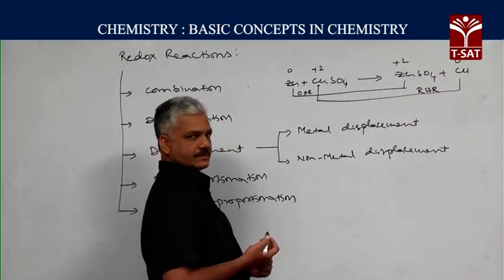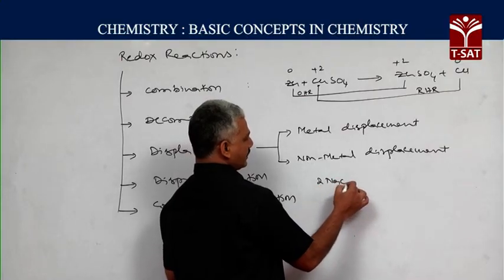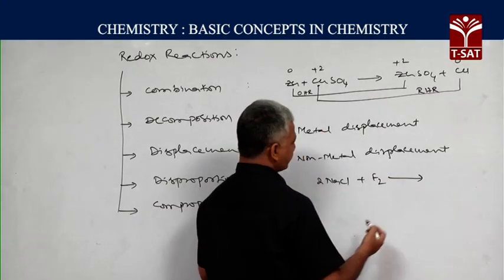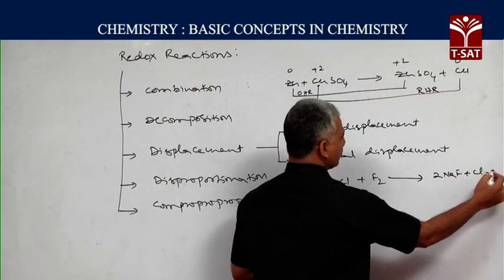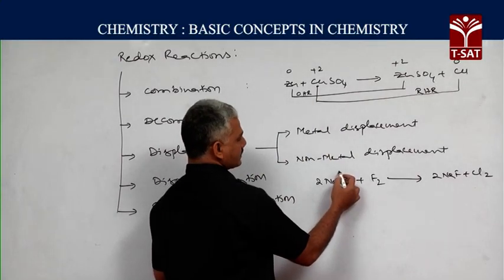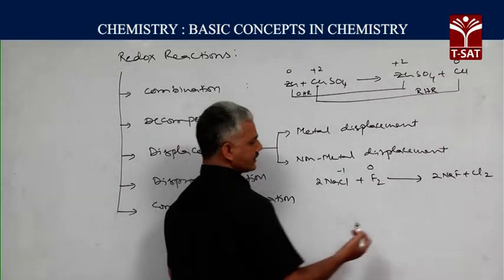For a non-metal displacement reaction, we can take up this example. If fluorine gas is passed through sodium chloride, you will get sodium fluoride and chlorine. In this reaction, chlorine's oxidation state is -1, fluorine's oxidation state is 0.